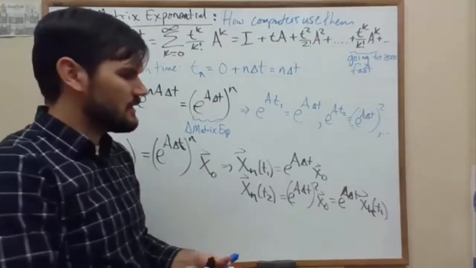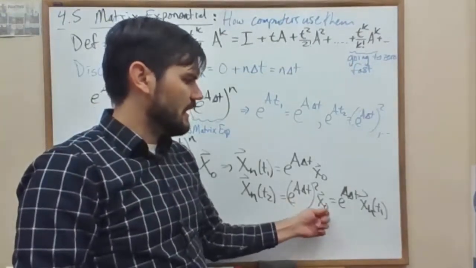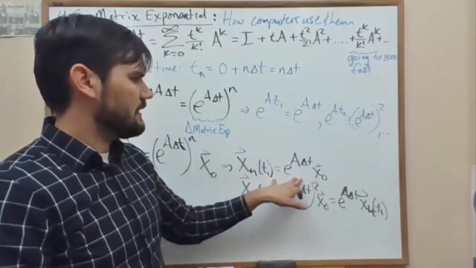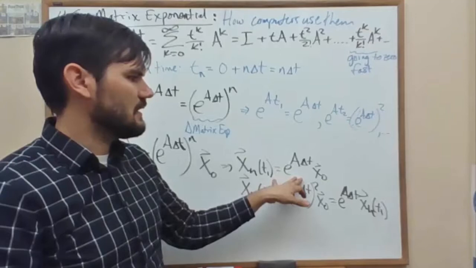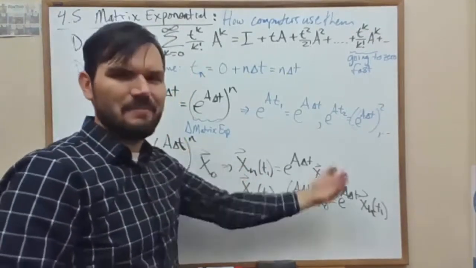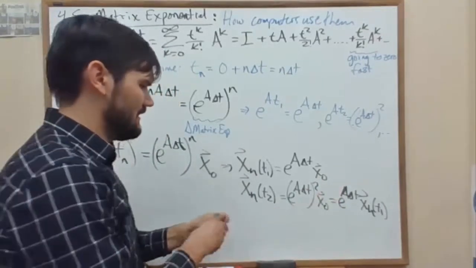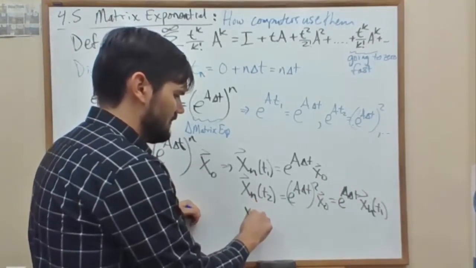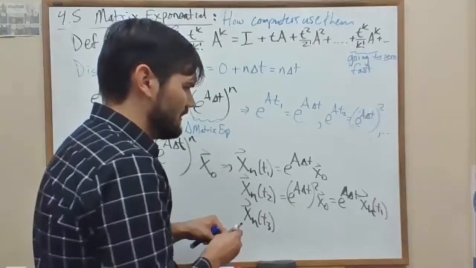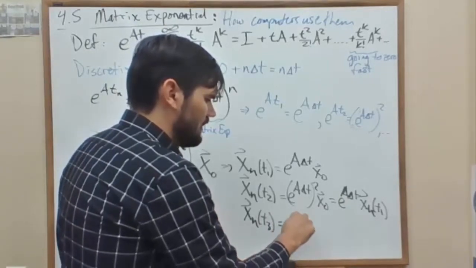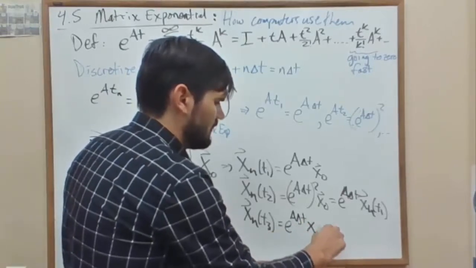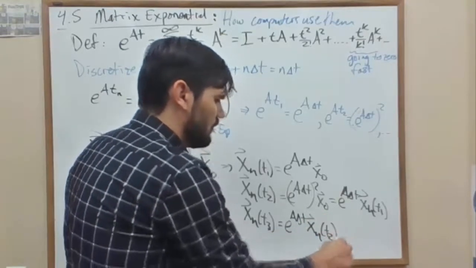So we can even reduce down the matrix powering times a vector repeatedly into taking the previous solution, e to the A delta t times x naught, and then powering that up by multiplying it by the next delta matrix exponential, and then to get to x_h at t3, the next solution point, we then take our delta matrix times the solution at the previous point.